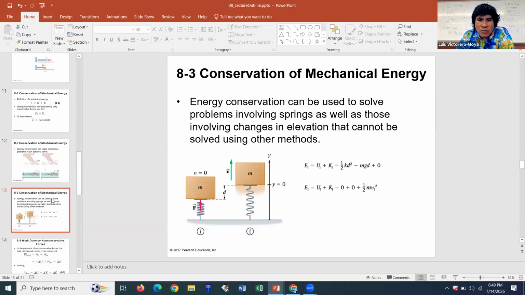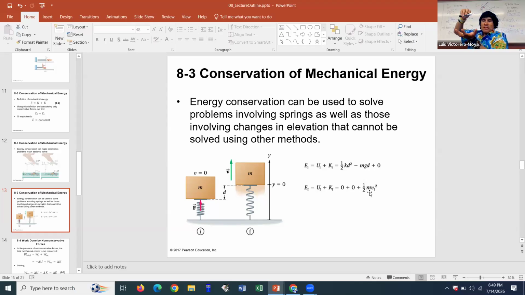All right, you can also have springs like that. You can also solve problems using springs. So for example, here I place a mass at rest. I let it go, and the spring is going to extend. By extending, there is potential elastic energy, but that potential elastic energy is transferred to the mass as kinetic energy there. And then if the mass is released from the spring, think about it, right?